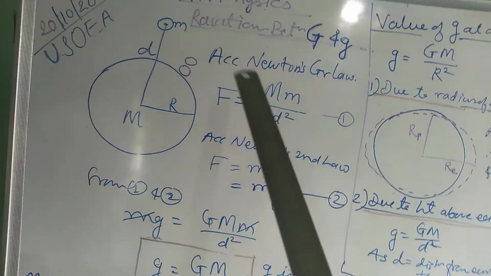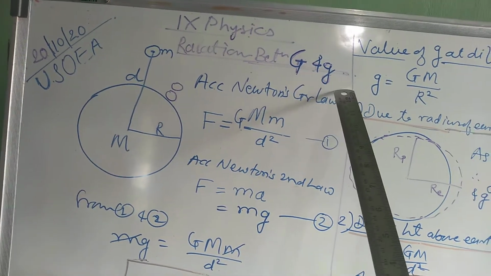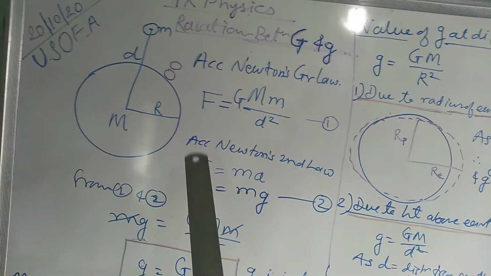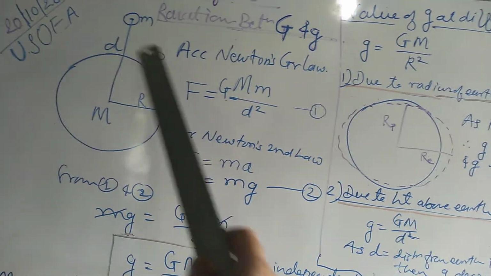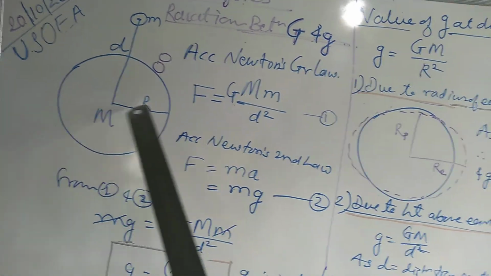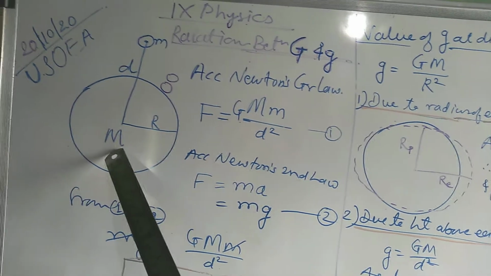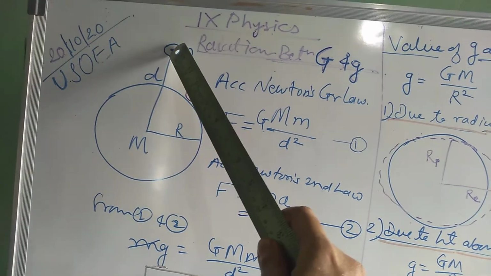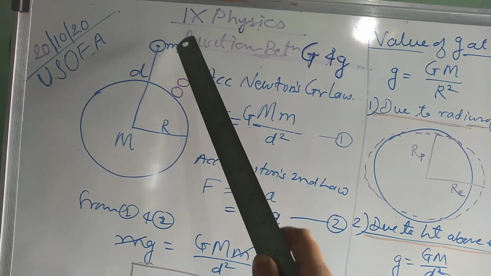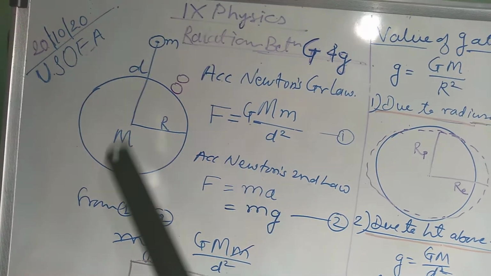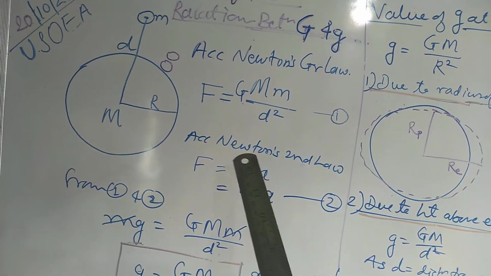Now to relate capital G and small g, suppose this is the earth of radius capital R and mass capital M, and the object of mass small m is at a distance d from the center of the earth.